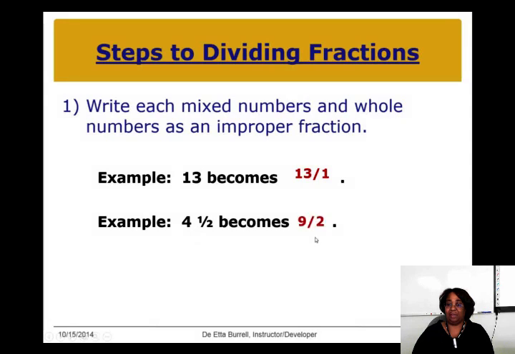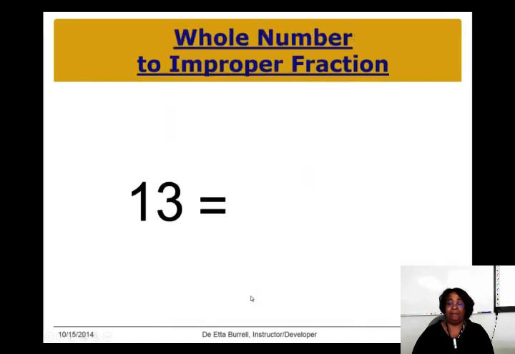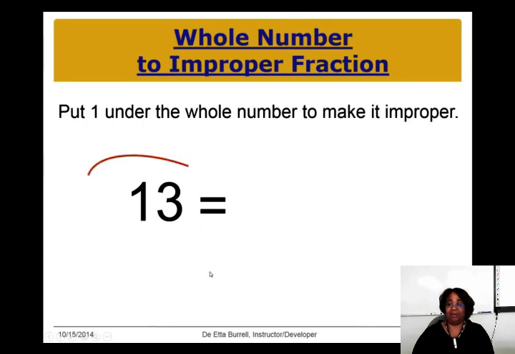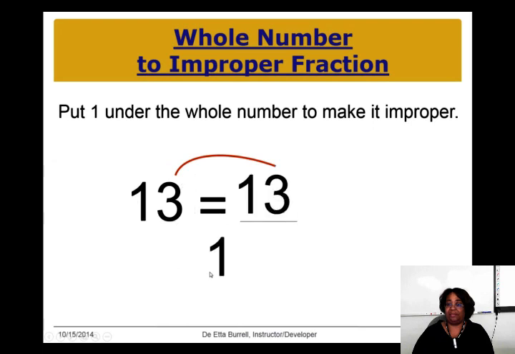You keep the same denominator. So you take the denominator, multiply by the whole number, take that product, add it to the numerator, and keep the same denominator. Any whole number, I don't care what the whole number is, to make it improper, just put 1 underneath it. The value stays the same, but it helps balance out your equation.